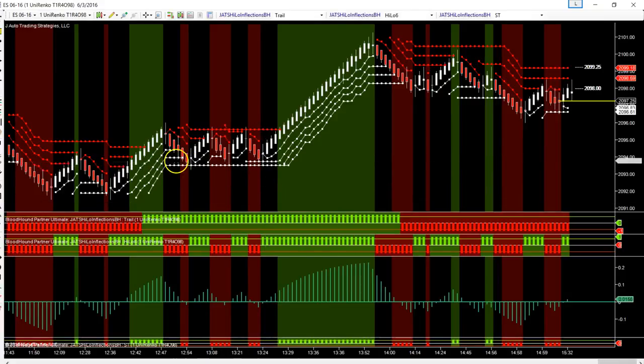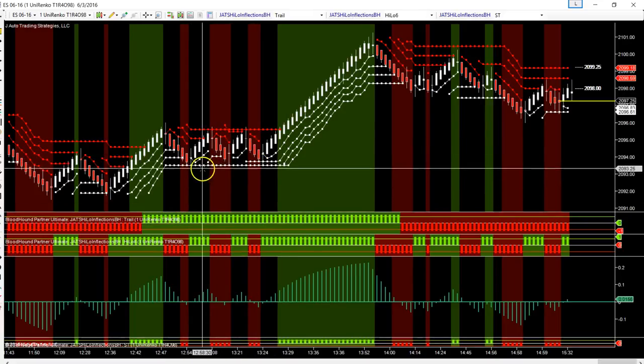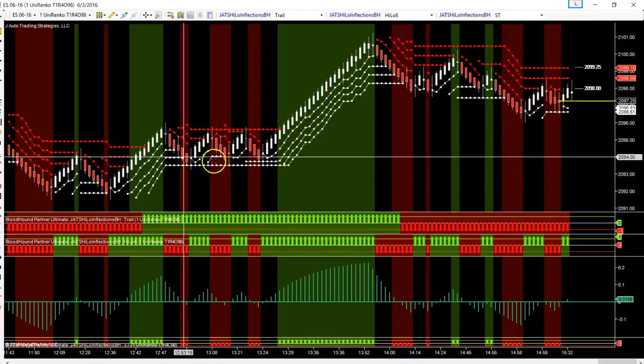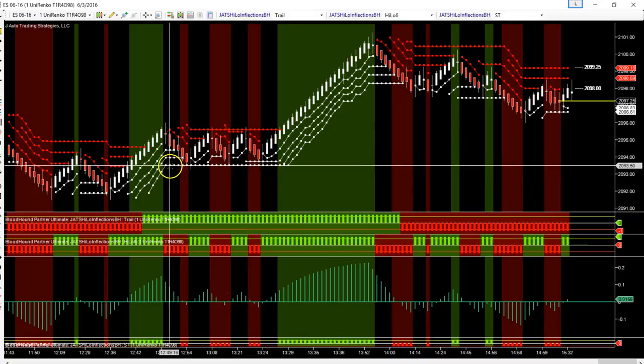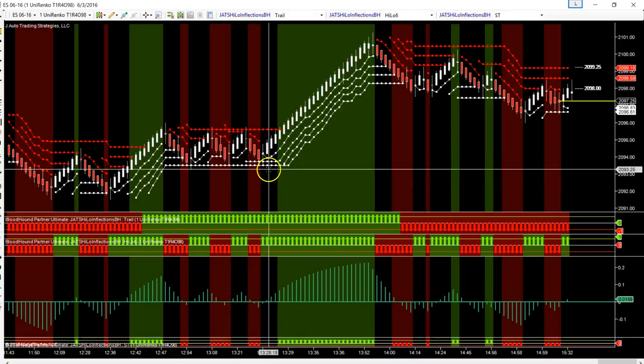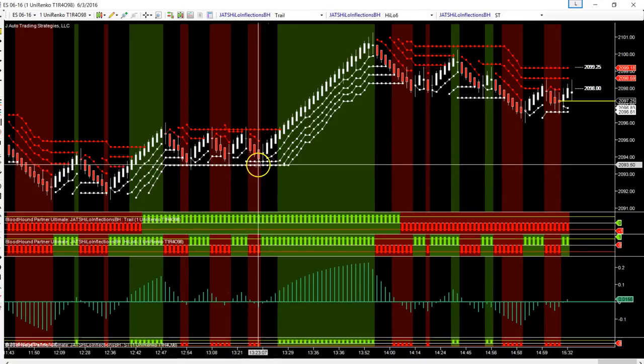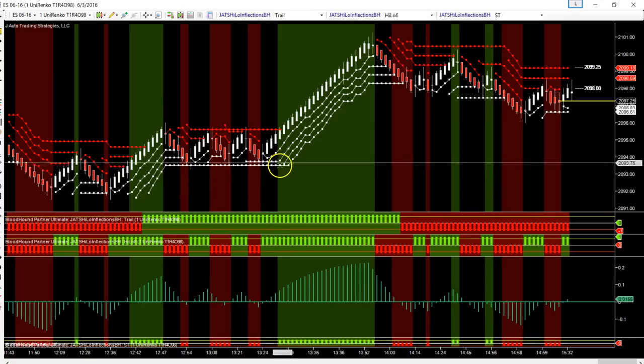What I love about this template is, do you see how this is showing me don't go long, even though I have a long filter? That this is a range, a little consolidation period from 12:45 to 1:30, of course, which is the lunchtime, and then it pops up and goes out.